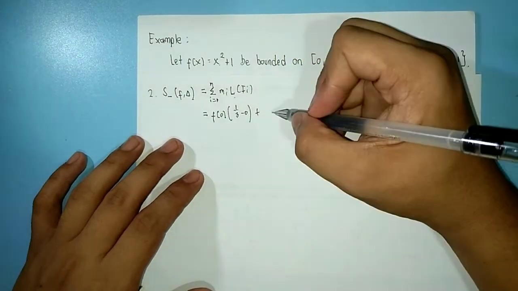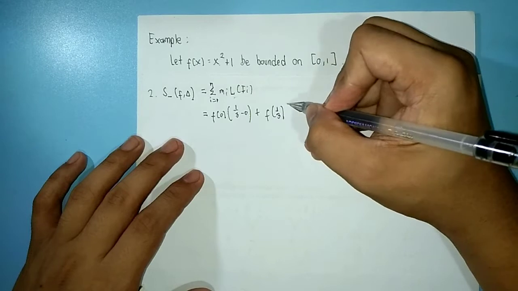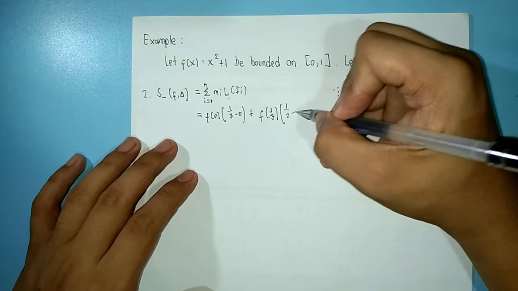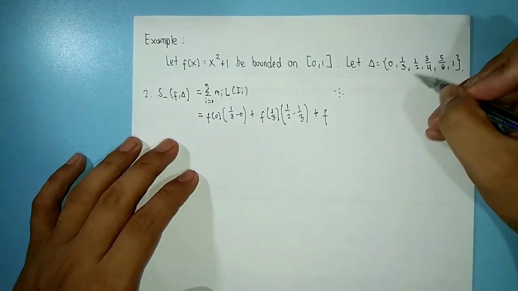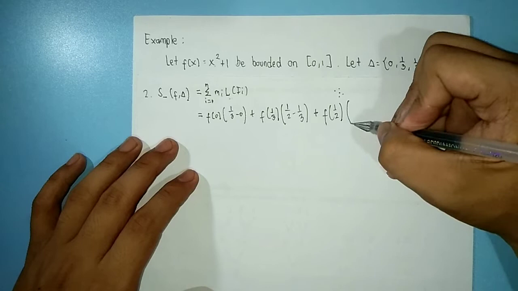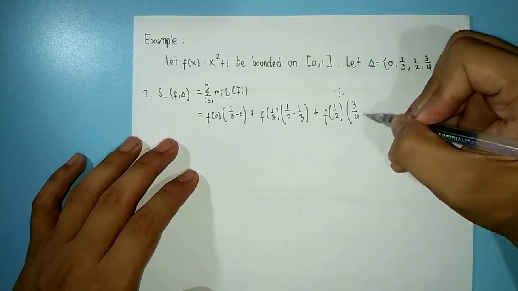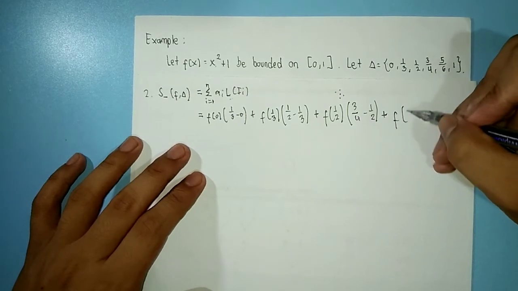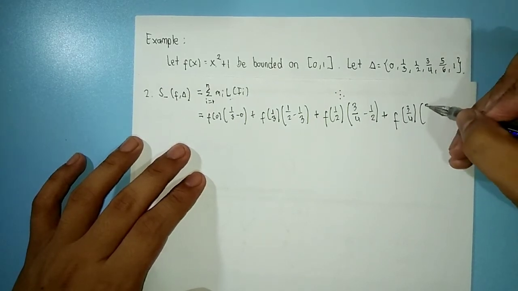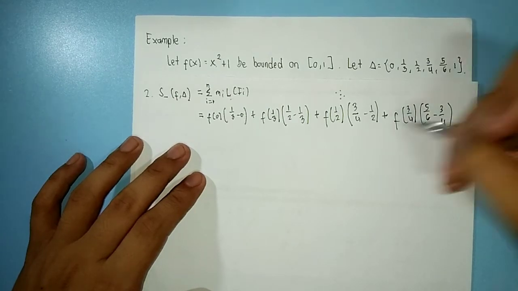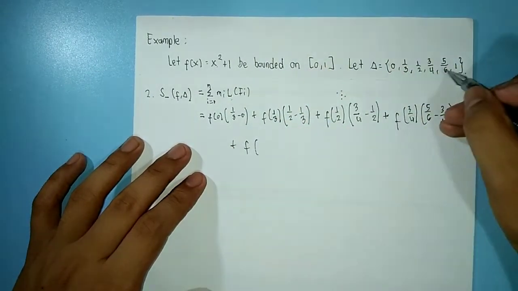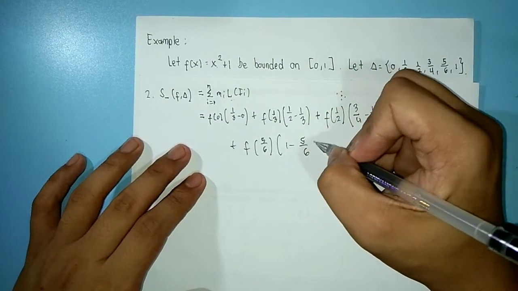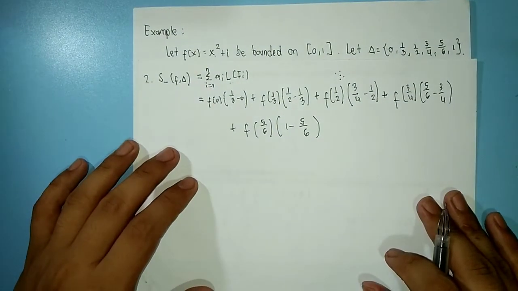Plus dito, that is f of 1/3 times 1/2 minus 1/3, plus f of 1/2 times 3/4 minus 1/2, plus f of 3/4 times 5/6 minus 3/4, plus f of 5/6 times 1 minus 5/6. Okay?